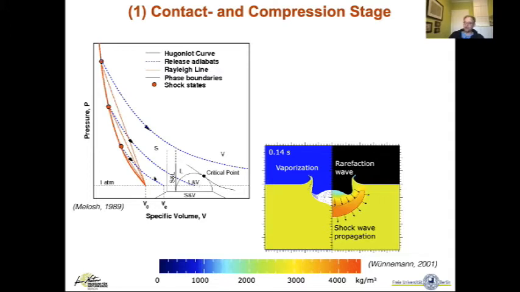So you see that apparently shock compression is a non-isentropic process. We increase entropy by the shock compression, and depending on the pressure or the amount of entropy increase, you end up after the release in vaporization, melting, or other stages, solid phase transformation stages that may also occur.